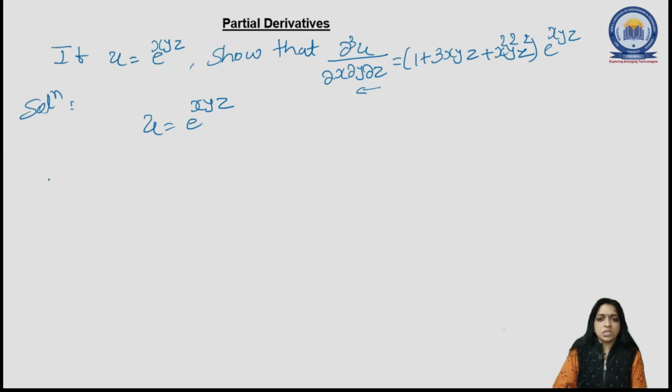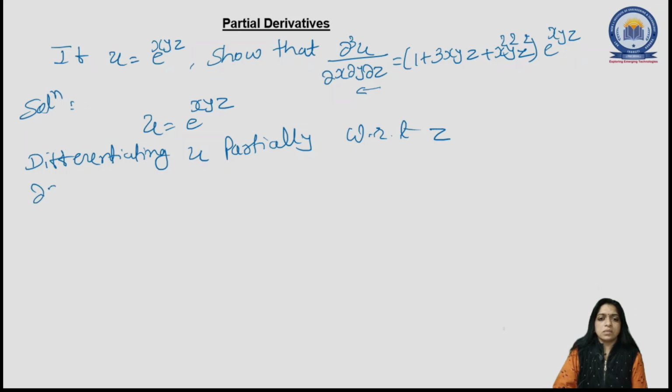So the differentiation of u partially with respect to z first, right? So del u by del z, and here the derivative of e raised to xyz is e raised to xyz, and the chain rule, that is into xy. Now we are going to differentiate with respect to y.